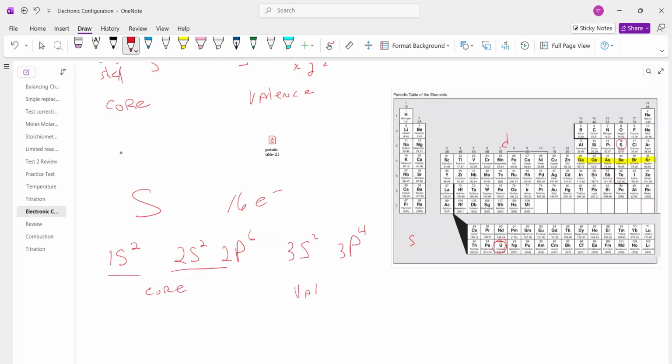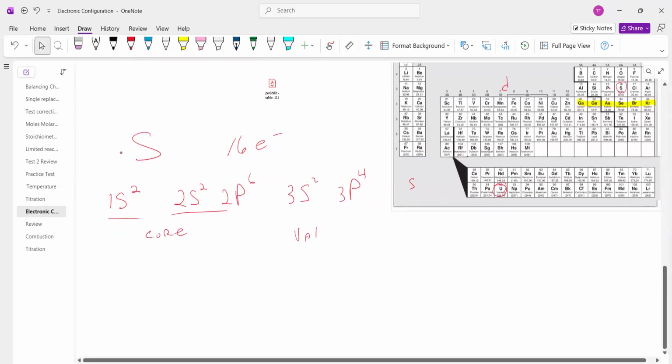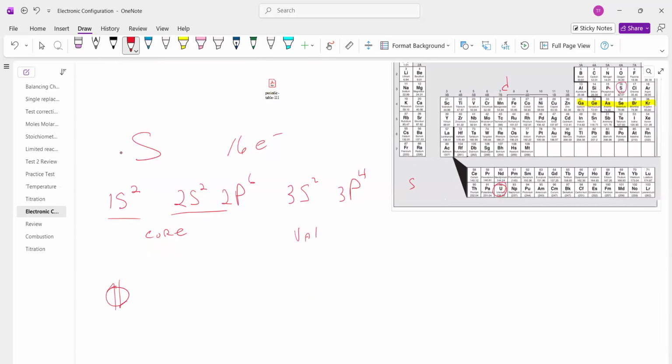So let's look at the orbital diagram now for sulfur. So this is the S, P, P, P. Now we have 4 electrons.